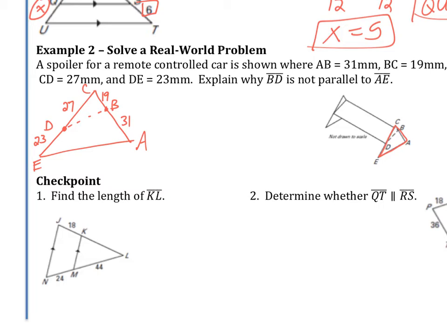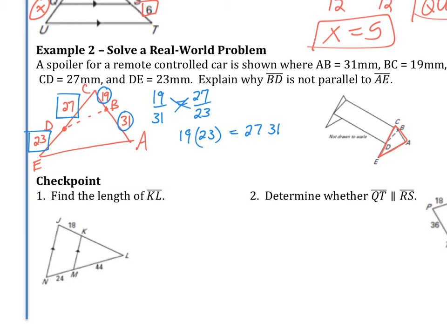So above we talked about that if they're parallel, then the sides will be proportional. So let's see if the sides are proportional. So let's take 19 over 31. And that should be equal to 27 over 23. If we cross multiply, 19 times 23 should equal 27 times 31, if the sides are parallel.